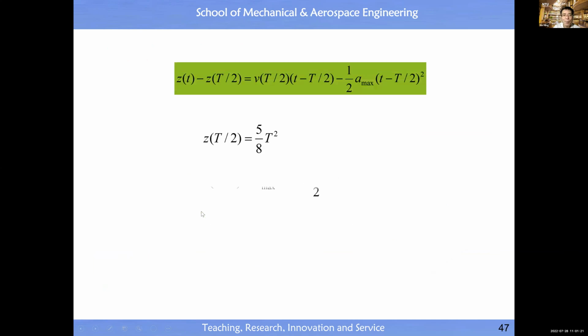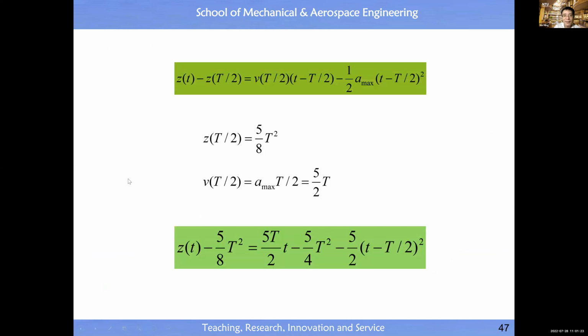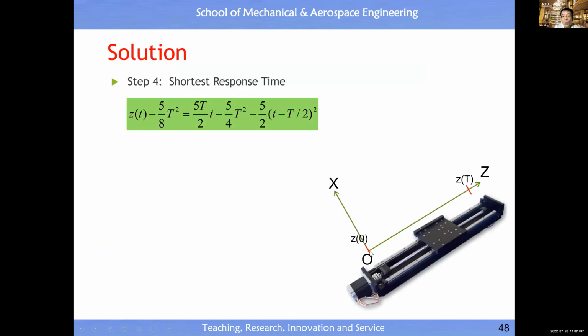Okay, now you can put together, because you substitute this one by this result, then you rewrite this equation in this form. From here, then you see you only have a single t here. It is the time, all right? And now we know when t equals capital T, the travel distance is what? 20 centimeter, right?